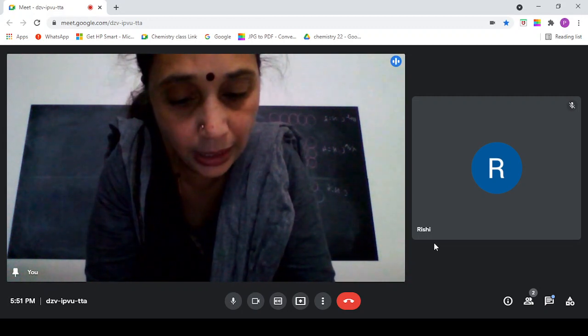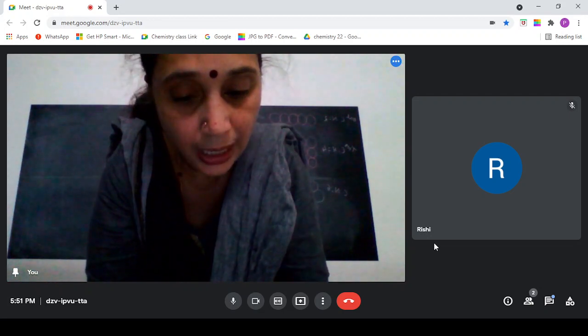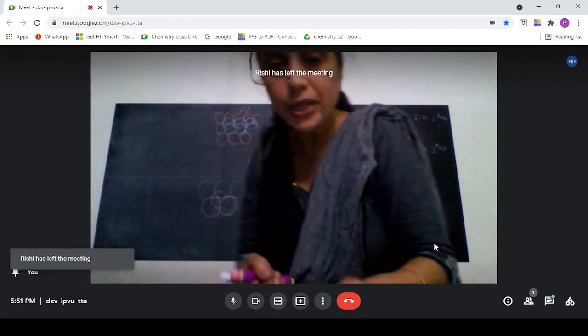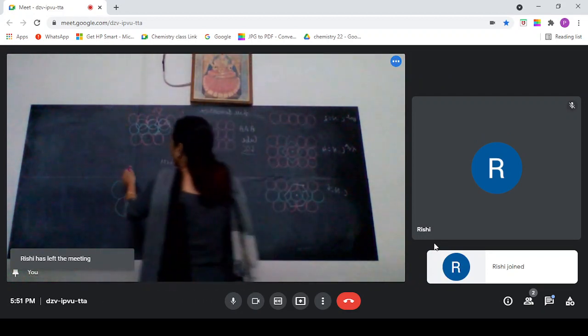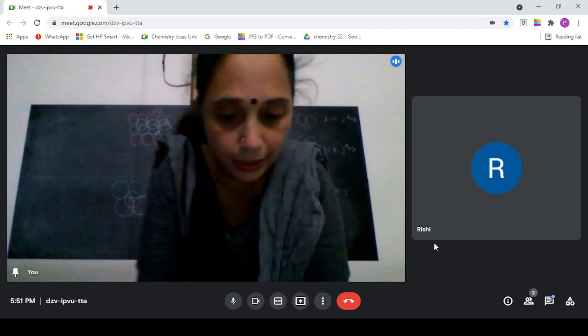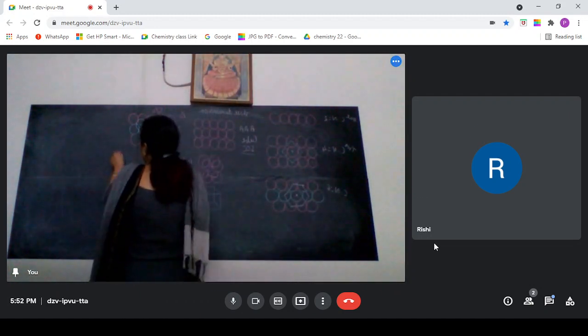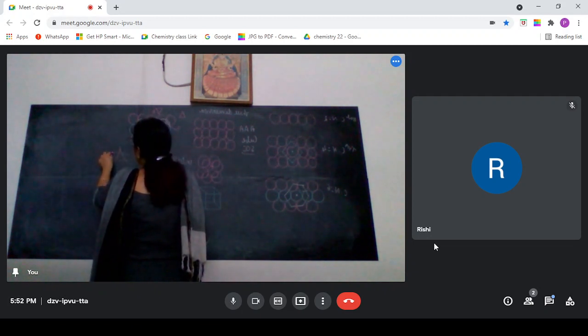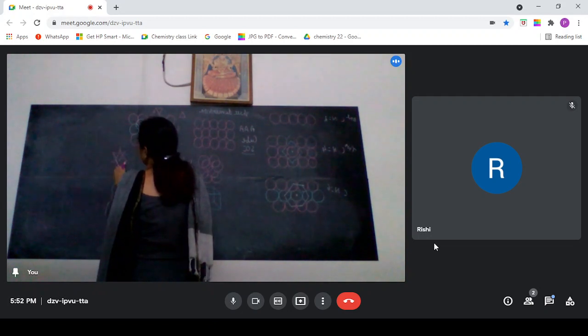One is C and one is D. C is triangular in shape, and D is a mixture of two triangles. You see in that D, it looks like this. D void, it looks like this.